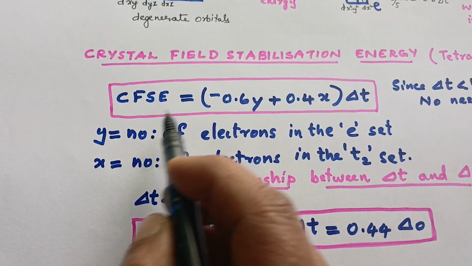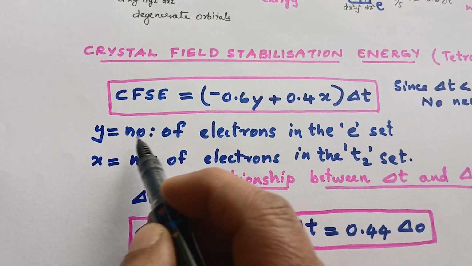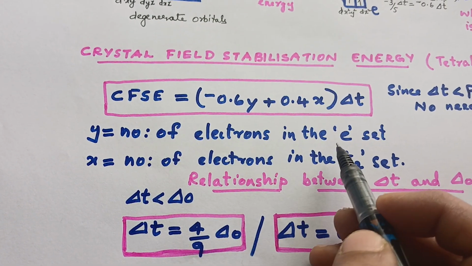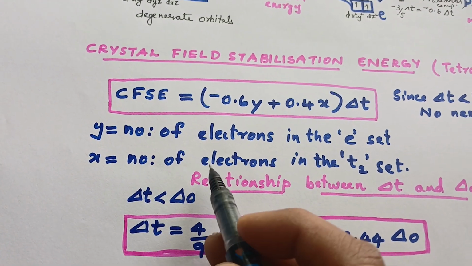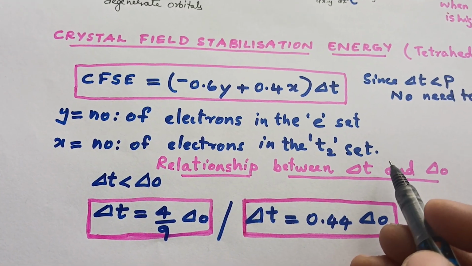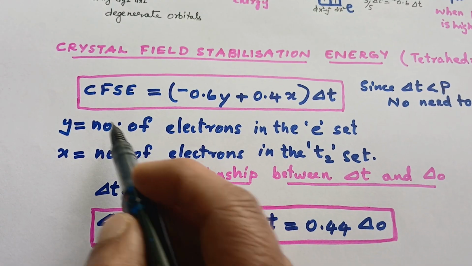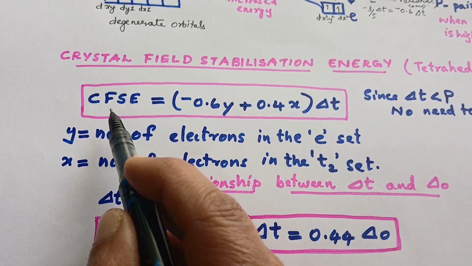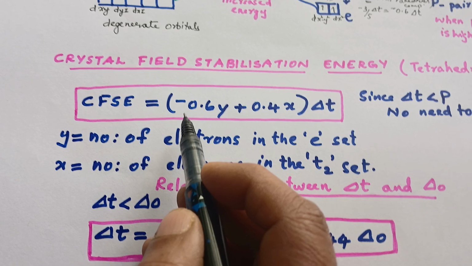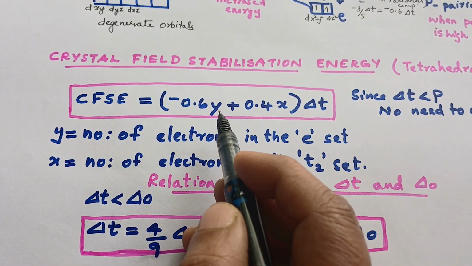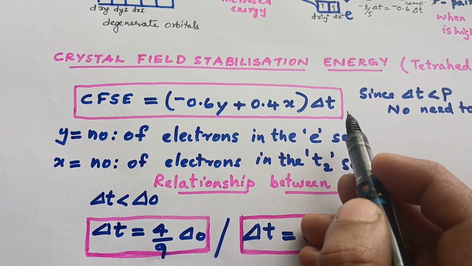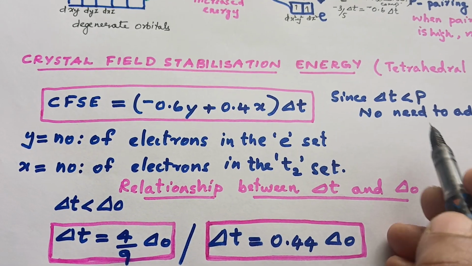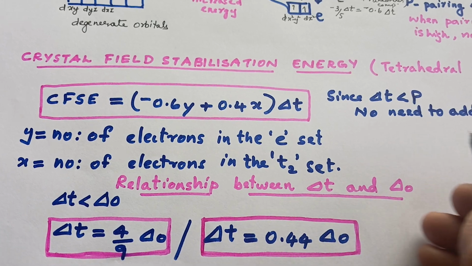In this formula, y is equal to the number of electrons in the E set and x equals the number of electrons in the T2 set. So CFSE equals minus 0.6y plus 0.4x, the whole into delta T, and no pairing energy is considered if the pairing energy is high.